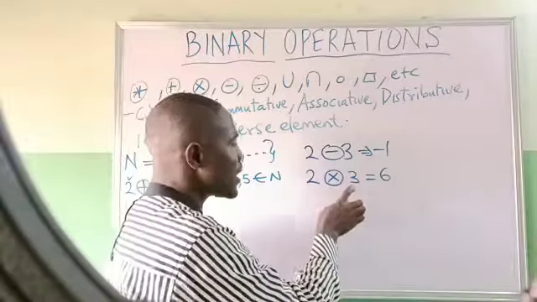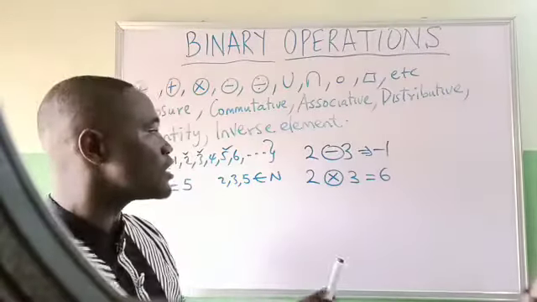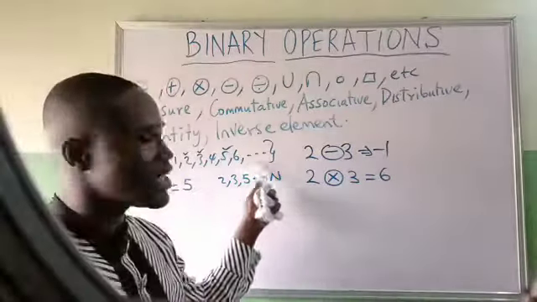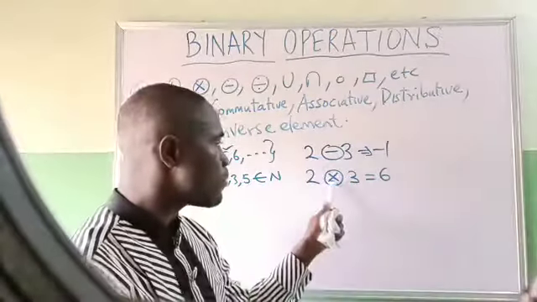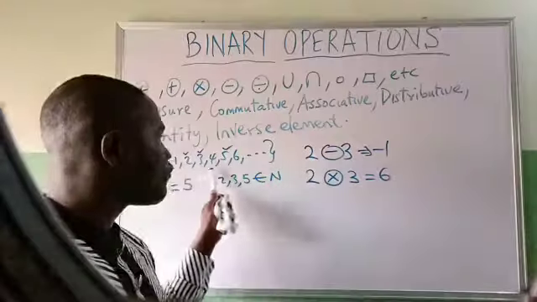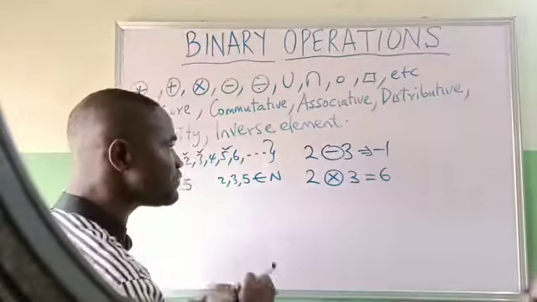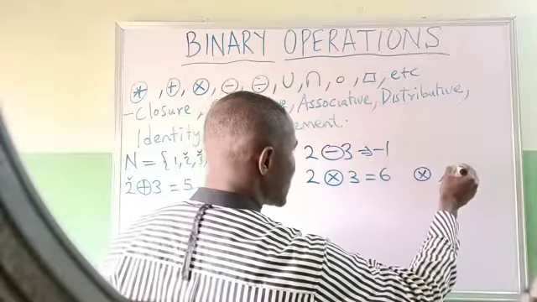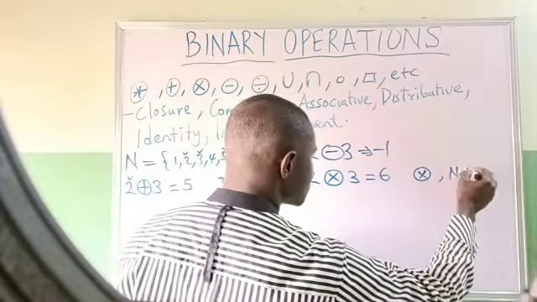So 2 and 3 are said to be closed under the operation times and under the set of natural numbers. So you have to specify the operation and the set of natural numbers.